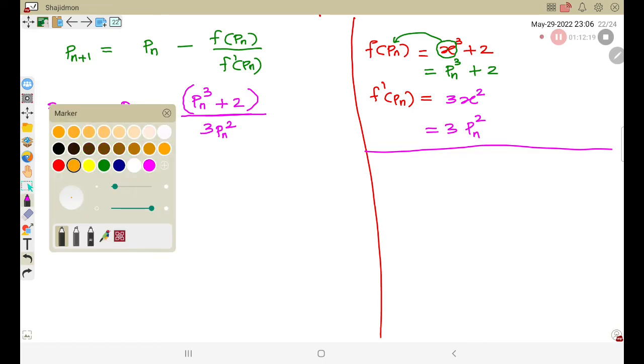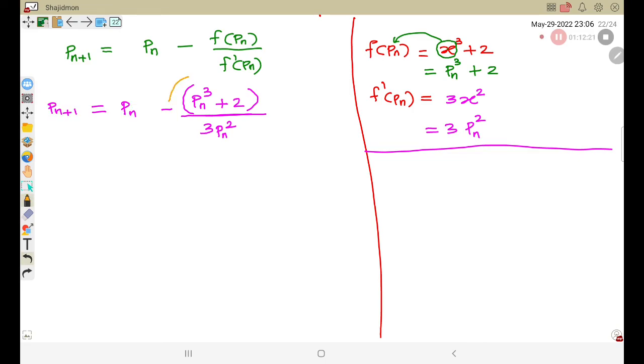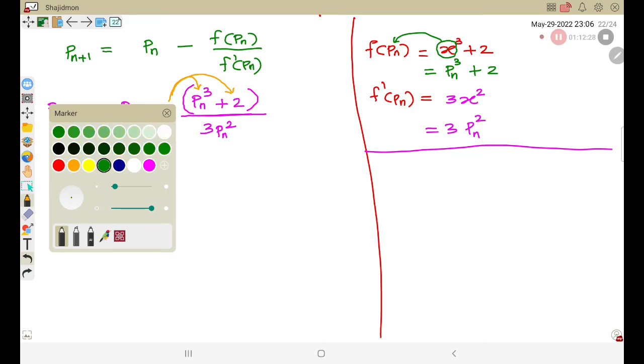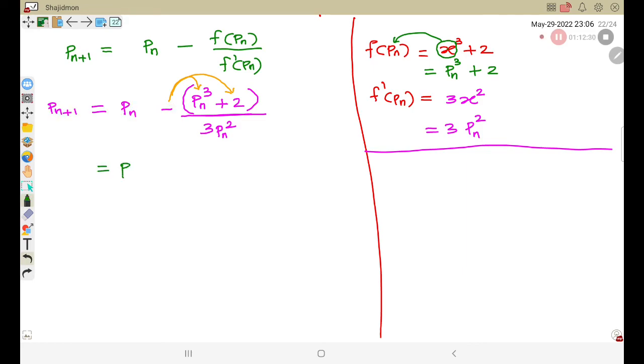Now, as we did in the previous question, same idea. Minus we will distribute to the bracket. Same time divided by 3 Pn square. So, we can write Pn minus, Pn power 3 minus Pn power 3 minus 2, dividing both terms by the down term 3 Pn square, here also 3 Pn square.